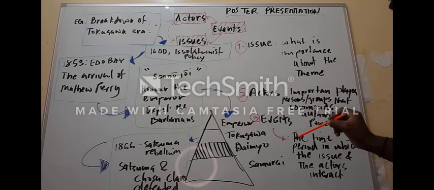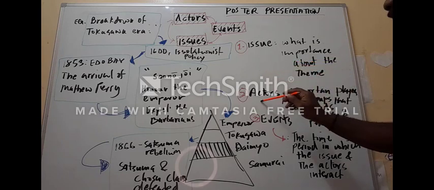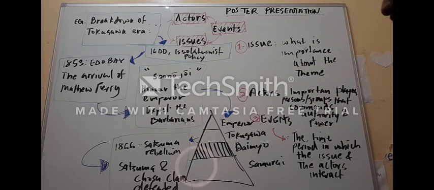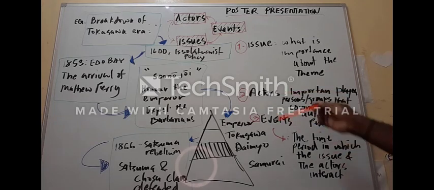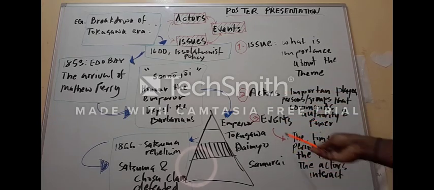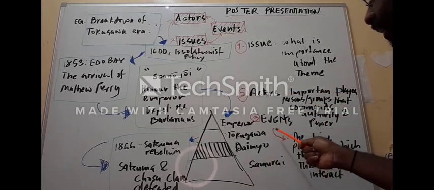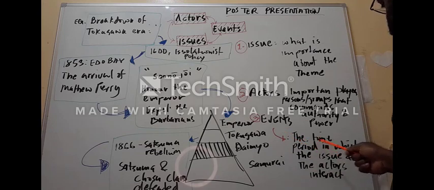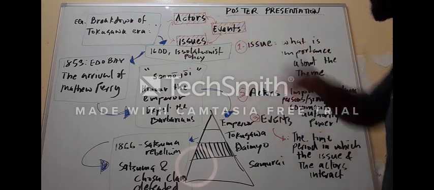The second indicator is the actors. The actors are important players, persons, groups that command authority and power. And the third indicator is the event, which talks about the time period in which the issue and the actors interact.